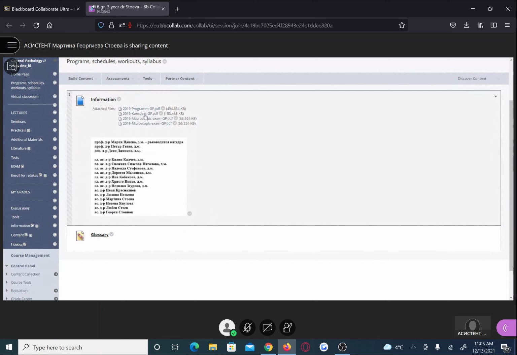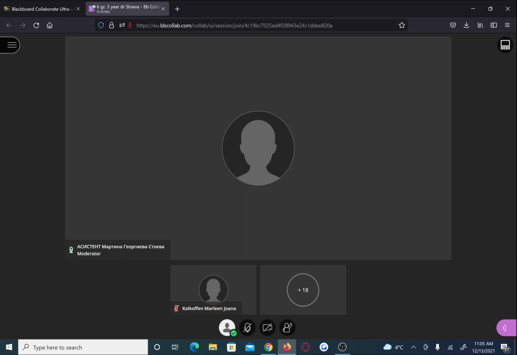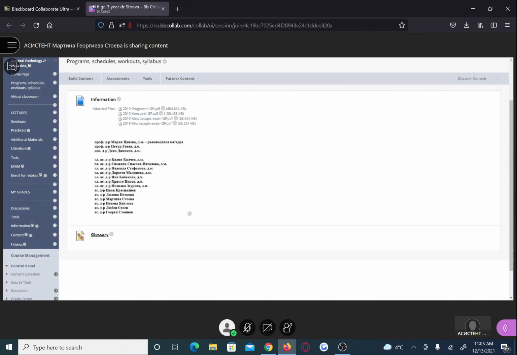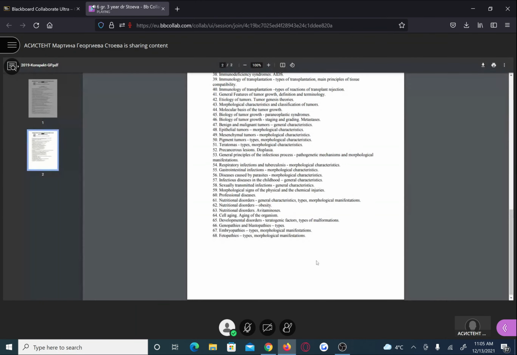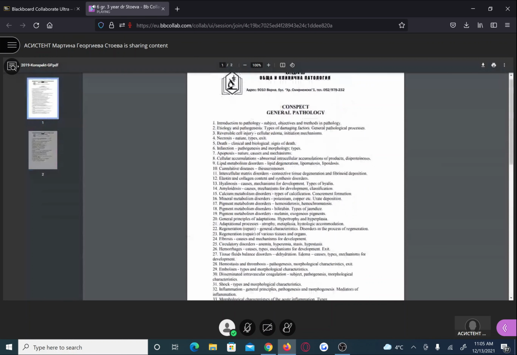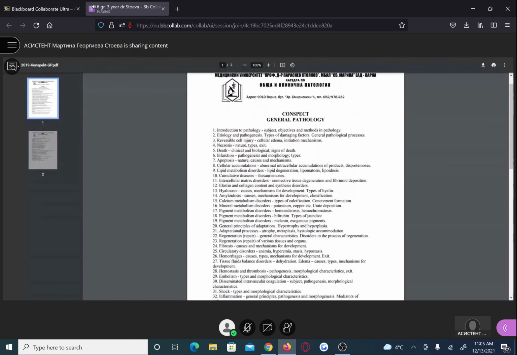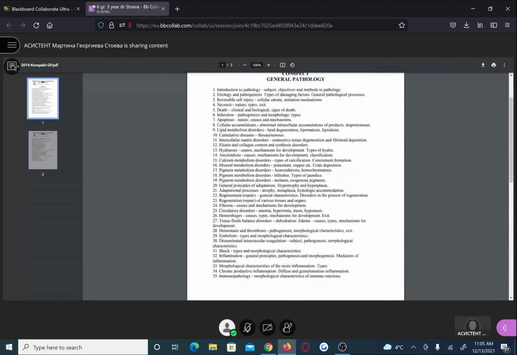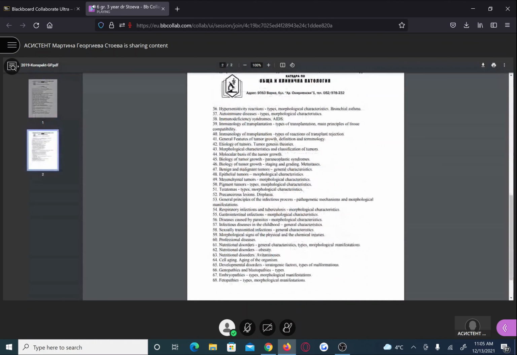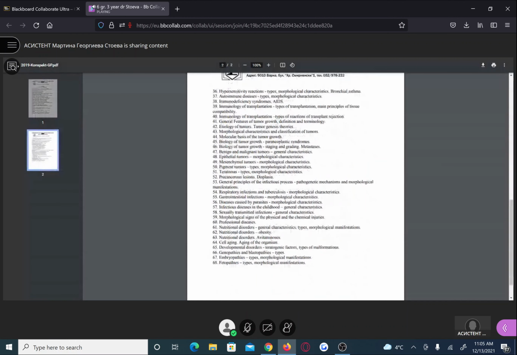It is a PDF file. And when you open it, you see this document. There are 68 questions. And as I mentioned, for the theoretical part, you pick up a card with two previously grouped topics. One of them is from the first half of the syllabus, and the other one is from the second half of the syllabus.